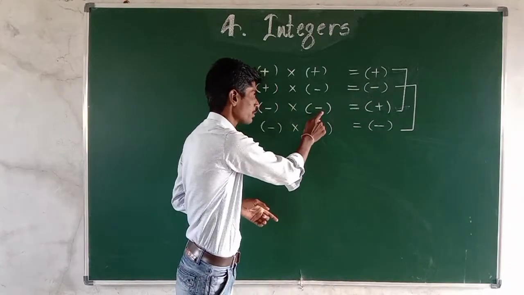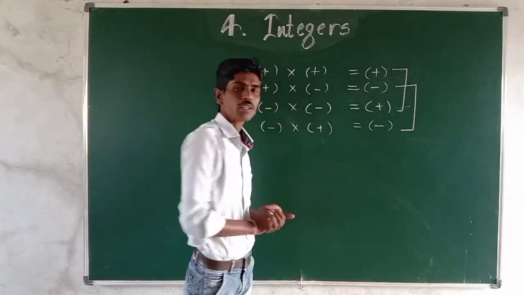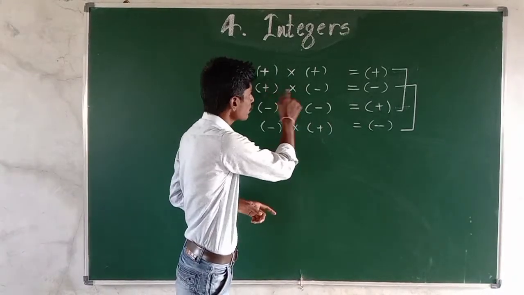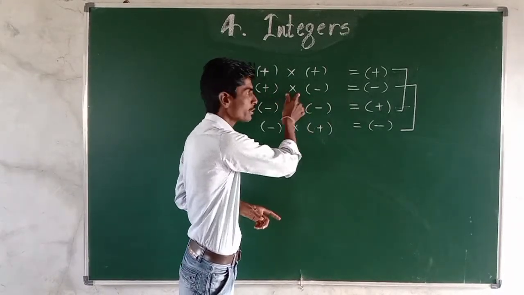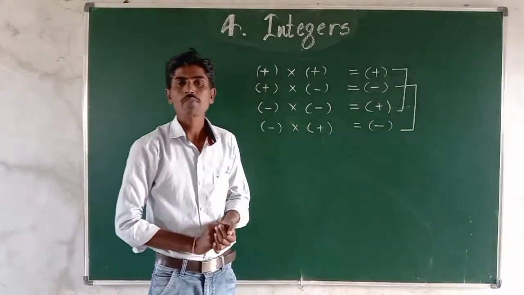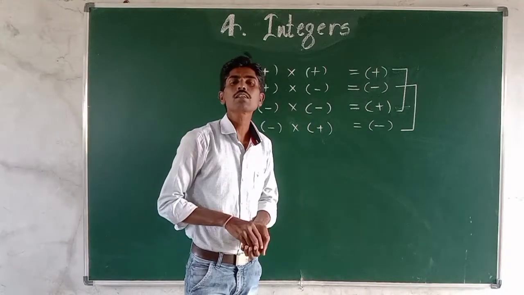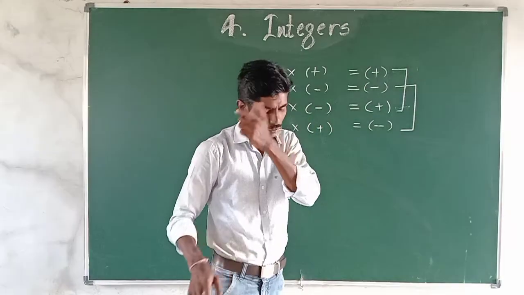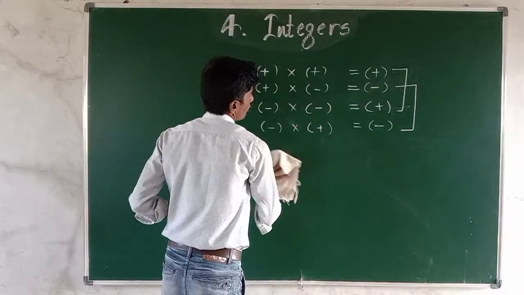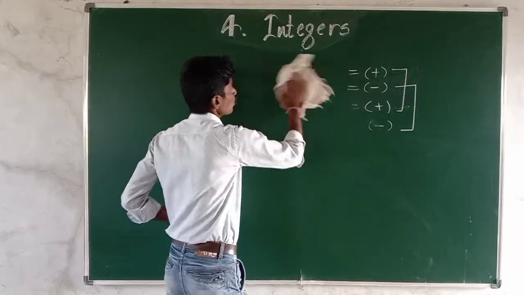Minus into minus, again plus. But if there is a difference between signs, plus minus in multiplication, the answer will be minus. Minus plus, minus. So these are the basic rules, and with the help of these rules we can solve the problems.